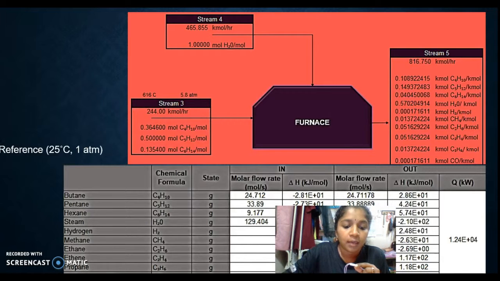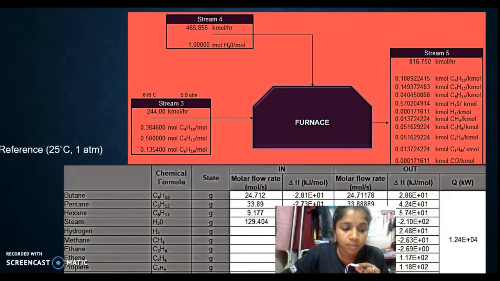Next, the heavy naphtha which is preheated in heater is charged into furnace for further thermal cracking in order to crack the heavy naphtha into smaller hydrocarbon. The hydrocarbon which is discharged from heater is diluted with 465.855 kmol per hour of steam to produce this amount of smaller hydrocarbon.